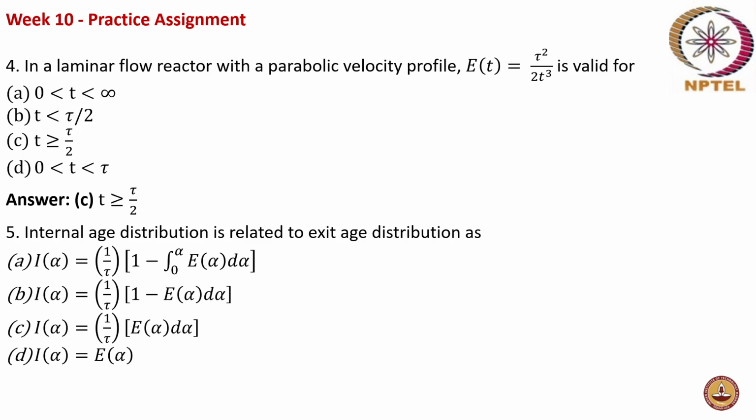Which of these is the correct relationship? The answer is option A: I of alpha equal to 1 by tau into 1 minus the integral 0 to alpha of E of alpha d alpha. This is how the internal age distribution and the exit age distribution are related.